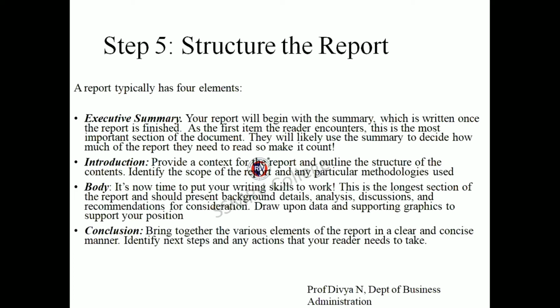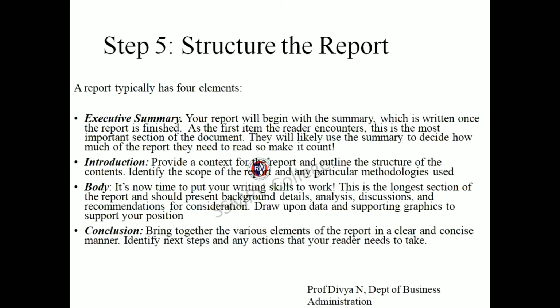For example, if it's a sales demand report, wherein the marketing executive gives a report about the demand or the sales for a particular stream of products, you'll have to mention the scope: what is the particular product of the company he's talking about, what is the market segmentation he's talking about where he's selling the product, and what is the duration he has considered for selling the products, etc. And how is he going to do that? What are the methodologies being used?